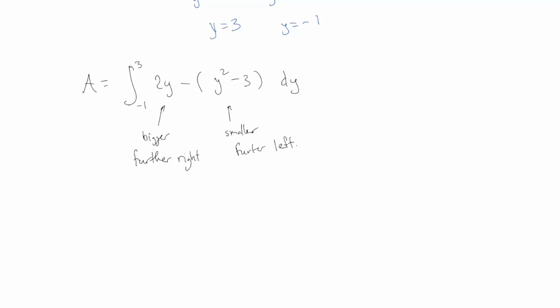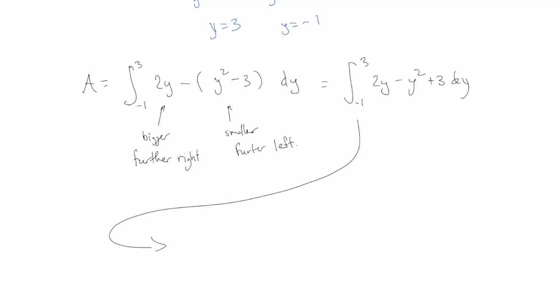Okay, and now we've set everything up. From here, it's fairly straightforward to finish the integral. Let's just do it real quick. I go minus 1 to 3, just to simplify a little bit, 2y minus y squared plus 3. Make sure you put those parentheses when you subtract so that you get the signs right. And then we just do the antiderivatives. So 2y becomes y squared, minus 1/3 y cubed, plus 3y.